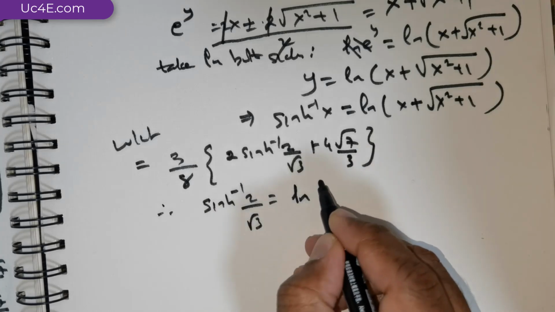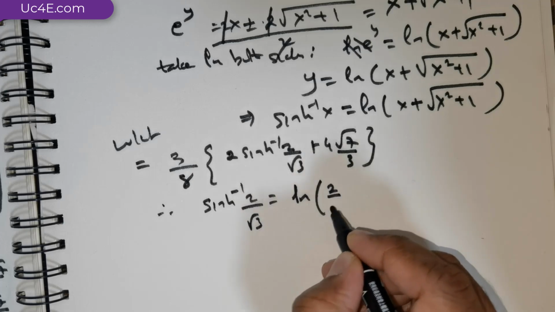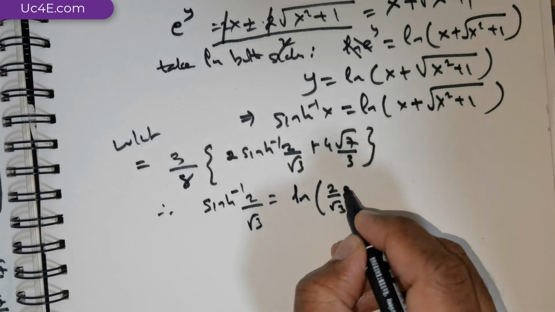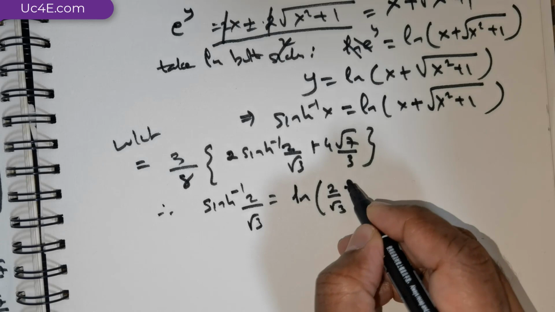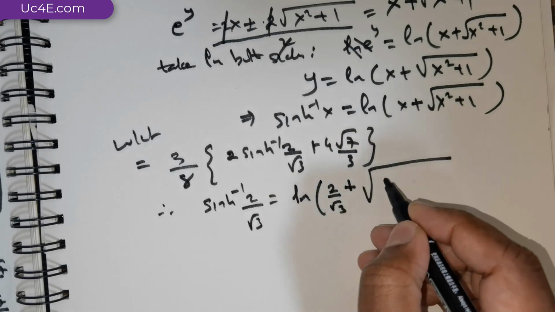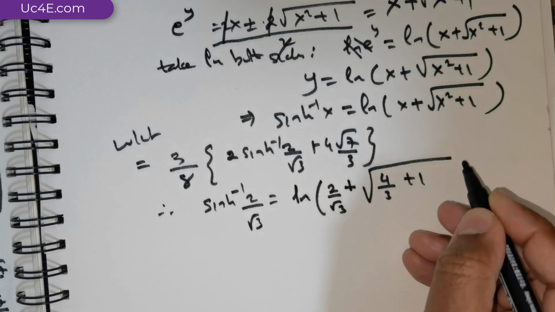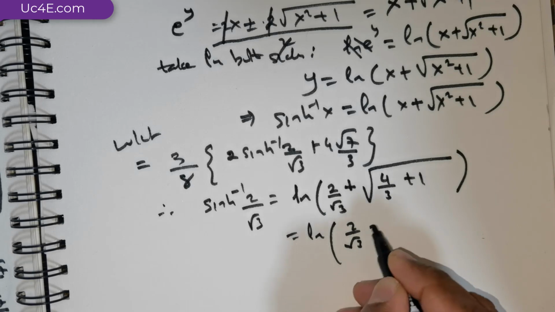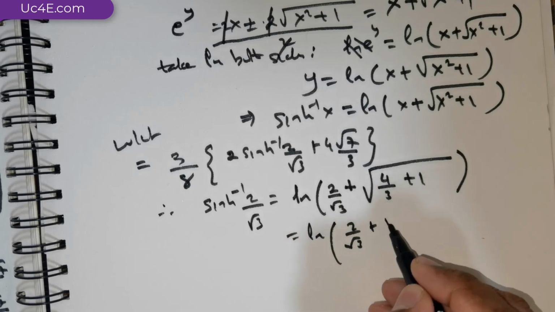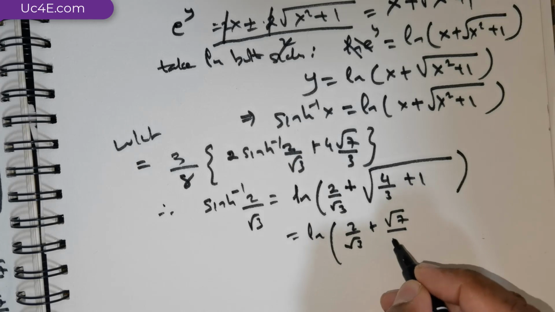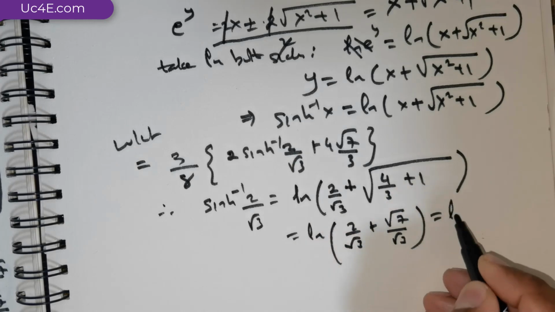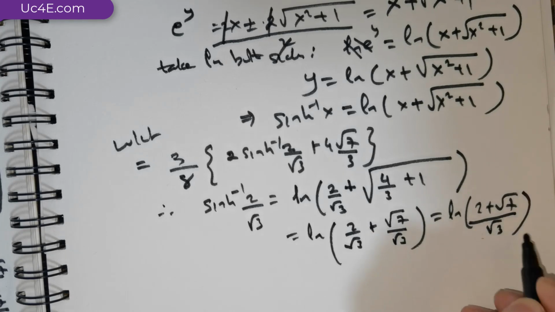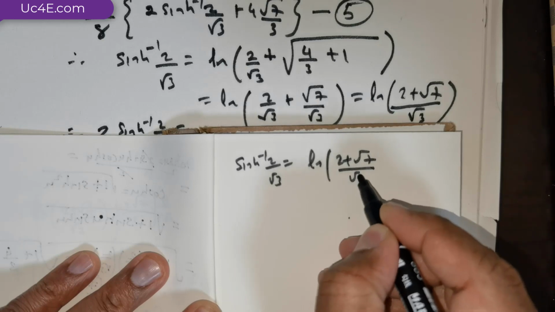So this is going to be ln of 2 over root 3 plus square root of 2 over root 3 squared, which is 4 over 3, plus 1, and this can be written as ln of 2 over root 3 plus root of 7 divided by root 3, which can be rewritten as ln of 2 plus root of 7 divided by root of 3. This is what we have got, root of 7 divided by root of 3.